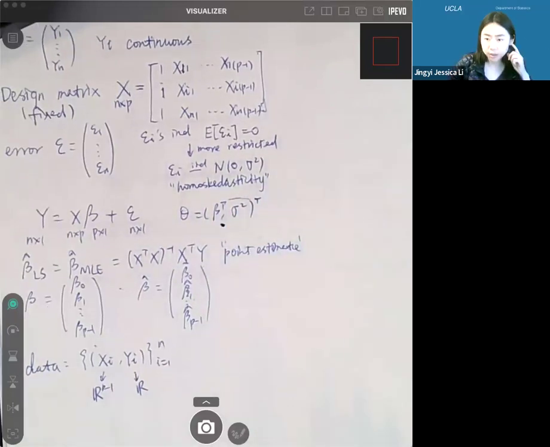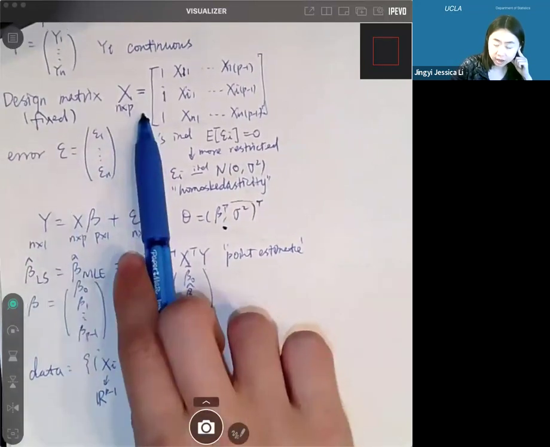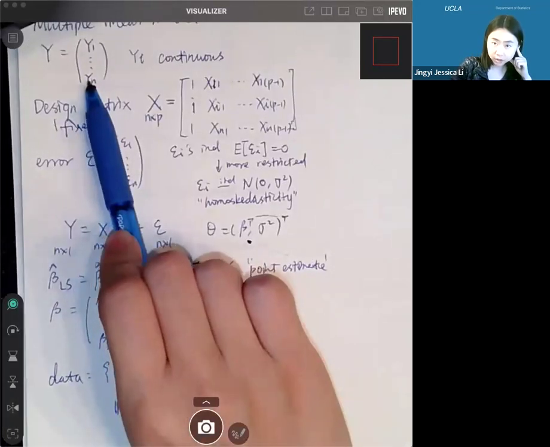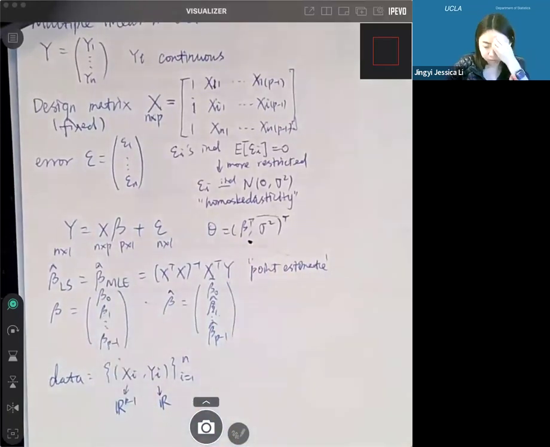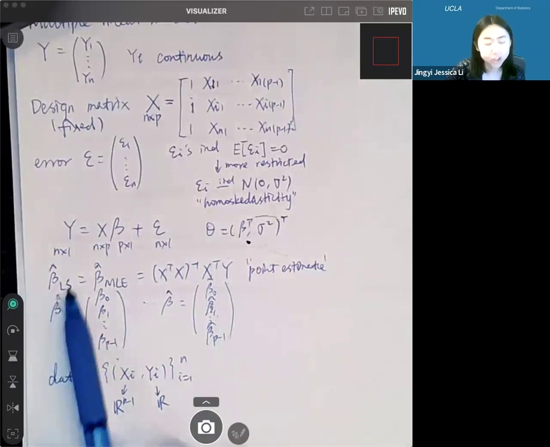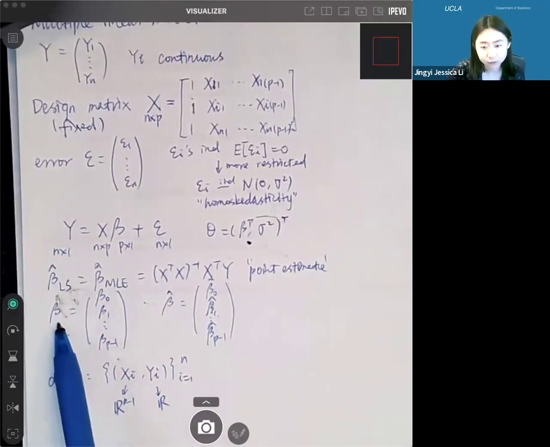Because you just compute it based on your data, right? Put this into a design matrix X and put it into the outcome vector Y. You do the linear algebra, then you get the beta hat. So it's a point estimate. You get one value for each beta J. But it doesn't provide any uncertainty estimate. How sure are we, how much confidence do we have for this beta hat as a good estimate for beta?